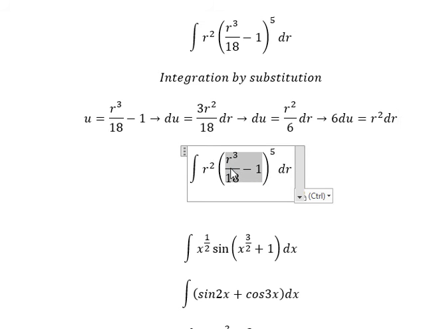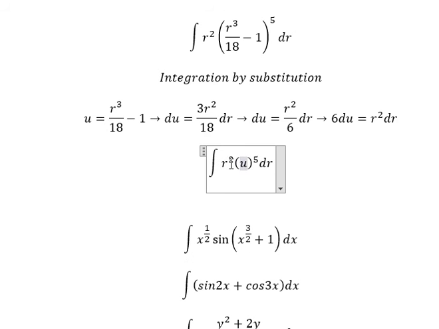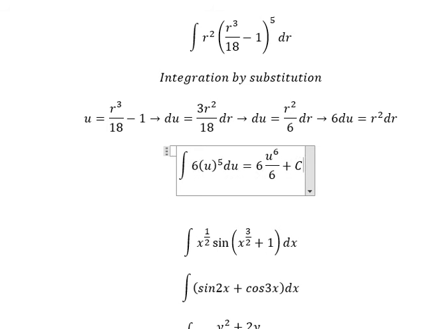So this one in here we change for u. r squared dr, we change for 6 du. And this one you got 6 u to the power of 6 over 6 plus c.